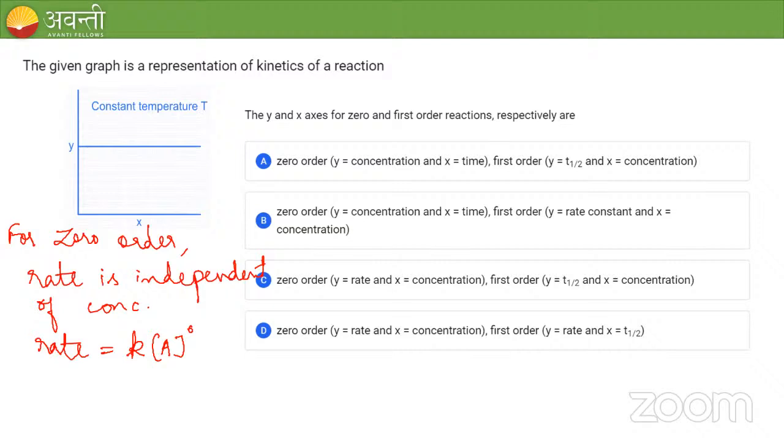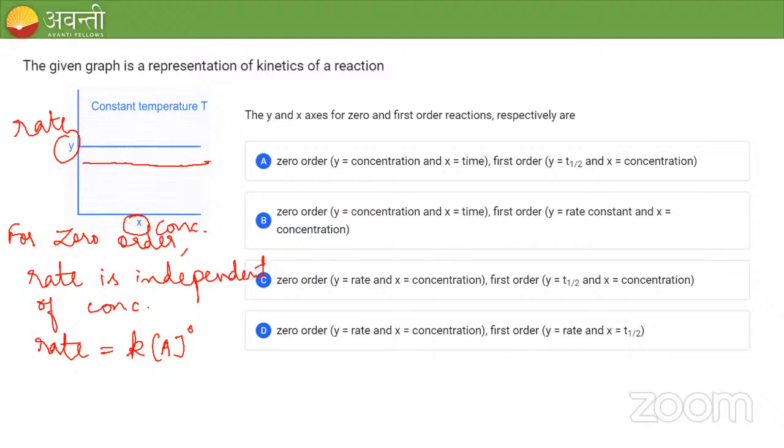So if I take the y-axis as the rate and x-axis as the concentration, even if I increase the concentration, the rate is not going to get affected.